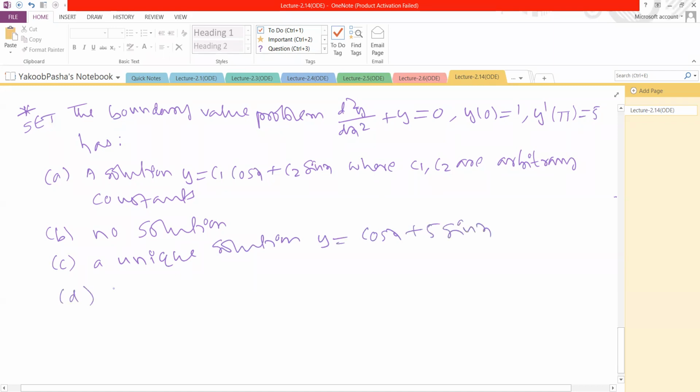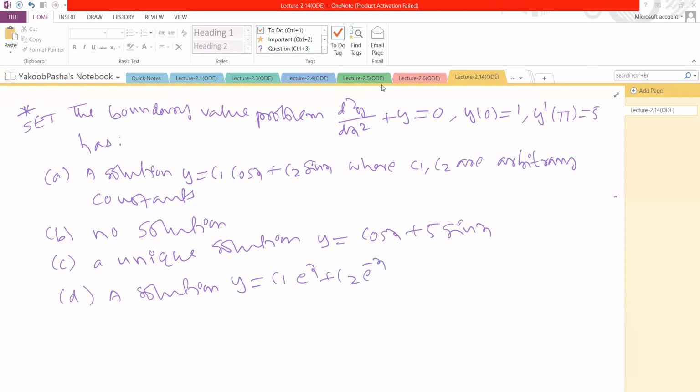And option D, a solution y is equal to c1 e power x plus c2 e power minus x, where c1, c2 are arbitrary constants.